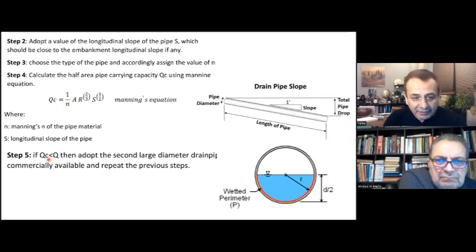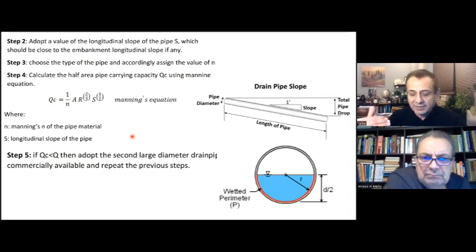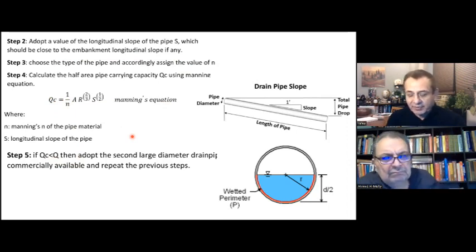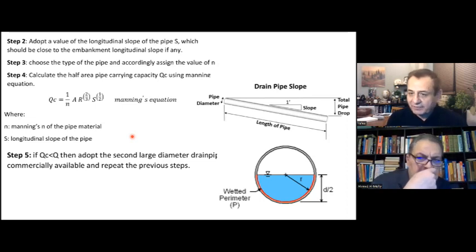Now, if QC is less than Q, that means this pipe cannot hold the seepage flow. So we're going to jump to the next biggest diameter available. For example, if the minimum diameter is 4 inches, and we get this, then we have to go to 6 inches maybe, or 5 inches, according to the available diameter.